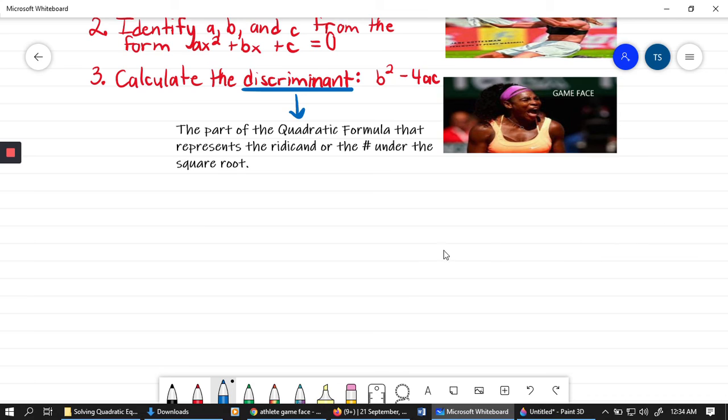When you see negative b in that formula, that really stands for the opposite of b, in other words, the opposite sign of b. You're going to write that same number, but with the opposite sign. So if it was positive, you're going to make it negative, but if it was negative, you're going to write it as a positive in the formula. The opposite of b.